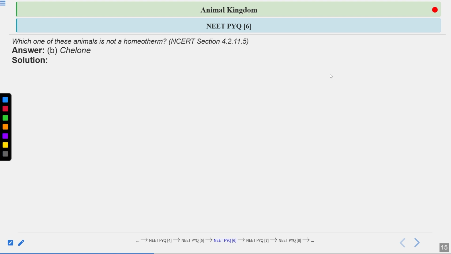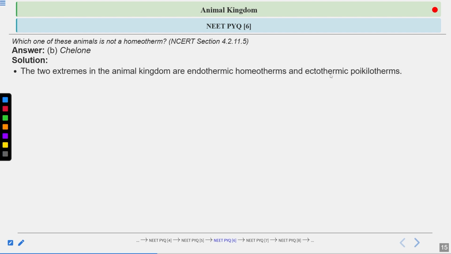So which one of these animals is not a homeotherm? Option B, Chilone, is not a homeotherm. The two extremes in the animal kingdom are the endothermic homeotherms and the ectothermic poikilotherms.